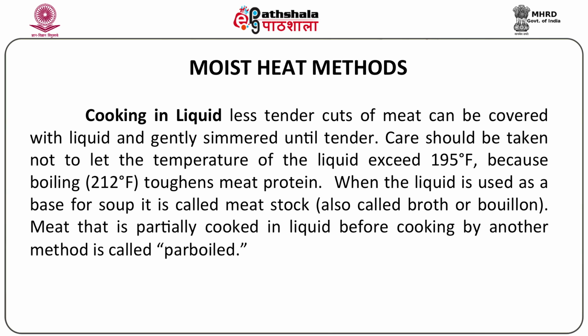When the liquid in which the meat is cooked is used as a base for a soup, it is called a stock. It's also called a broth or a bouillon. Meat that is partially cooked in liquid before cooking by another method is called parboiled meat.